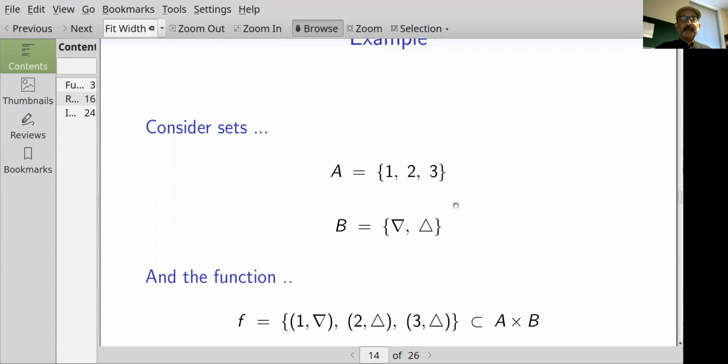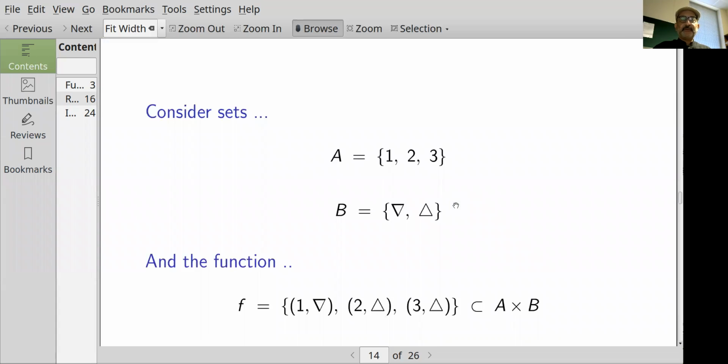Okay, so here's an example. A is equal to {1, 2, 3}. B is equal to {nabla, triangle}. F is {(1, nabla), (2, nabla), (3, triangle)}, a subset of A cross B. Each element of the domain is mapped to some element of the codomain, right?